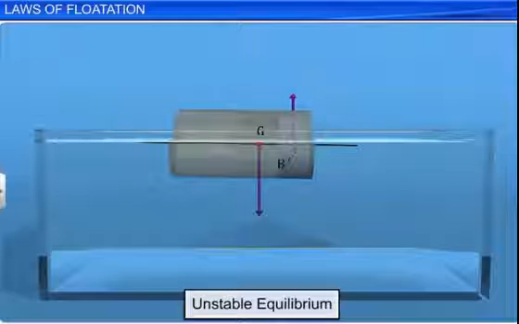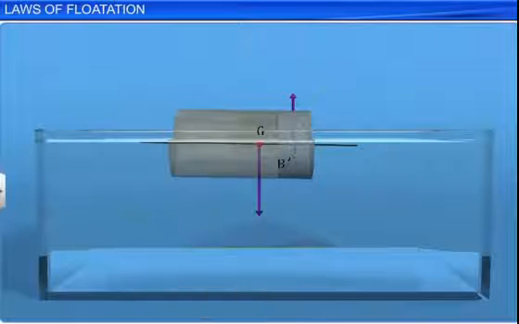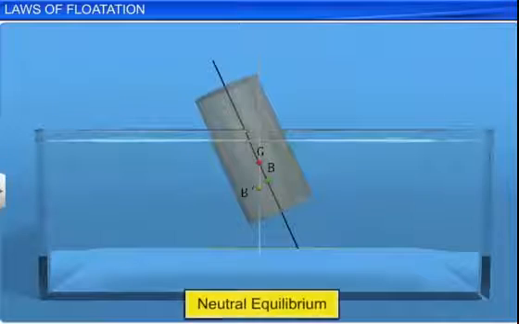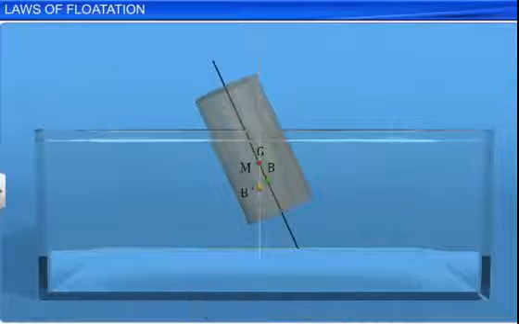This causes the body to overturn. The body is in neutral equilibrium if the center of gravity coincides with the meta-center. In such a situation, there will be no torque acting on the body.